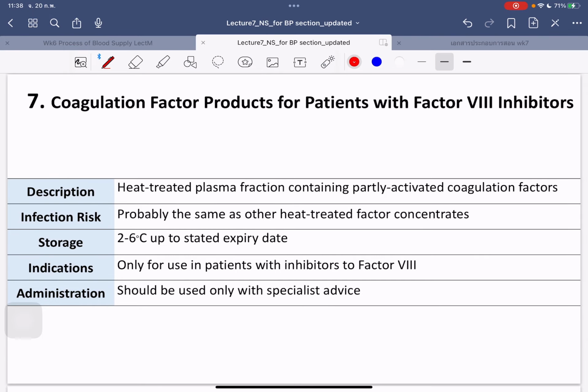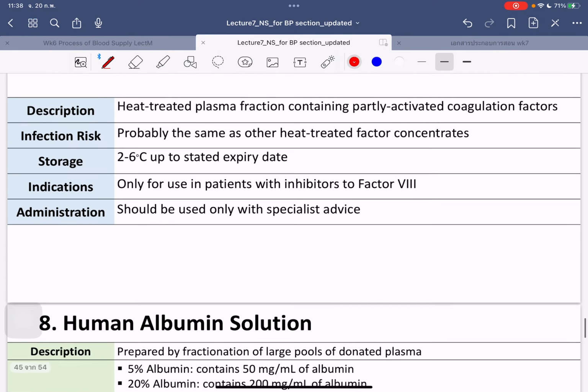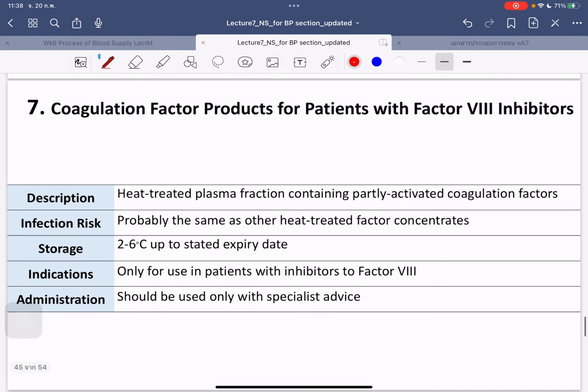The last one is the coagulation factor product for patients with factor A inhibitor. Can you tell me what a factor A inhibitor is? An antibody to factor A. I would like you to go and check.